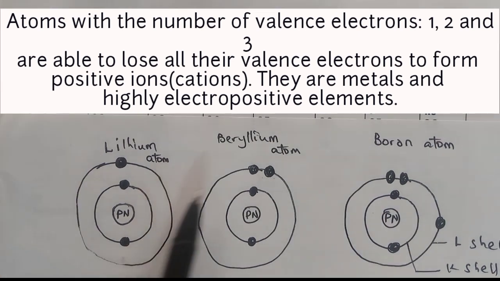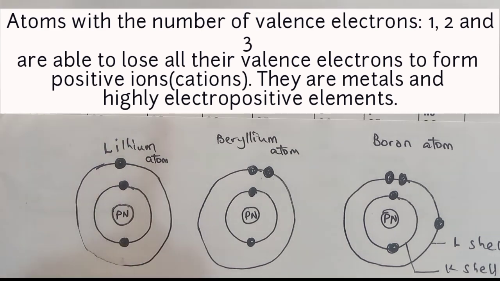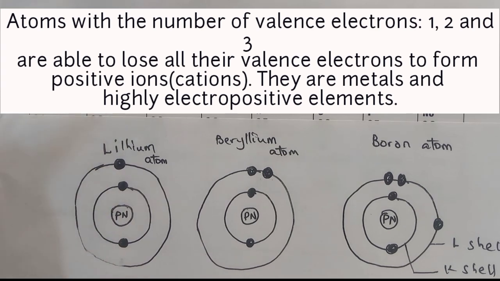So lithium, beryllium, boron can be rendered as metal, although boron in chemistry we don't render as metal, but as far as you are able to give out all your valence electrons, we will render you as metal.